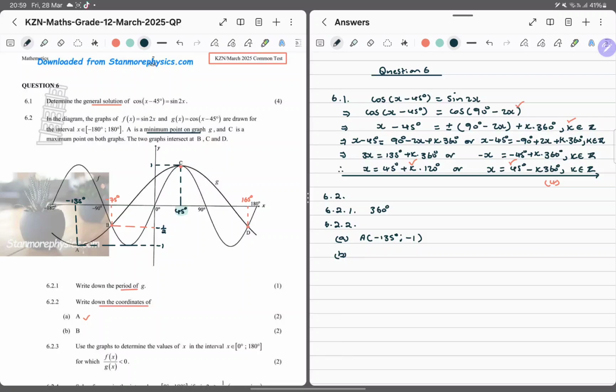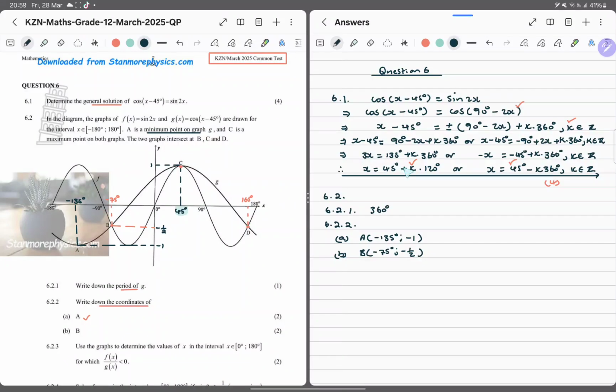So we just simply say cos of minus 75 minus 45. This gives us minus a half indeed. So we know that that value is good. So we can go B is minus 75 degrees and minus a half. One can easily write that as a decimal and say minus 0.5.